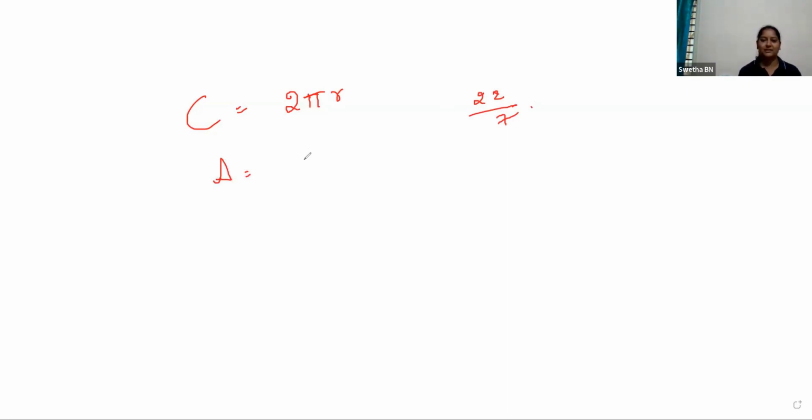Here you are writing 2 pi r. Just put 2 as square here. That's it. Pi r square is the area of circle. Good.